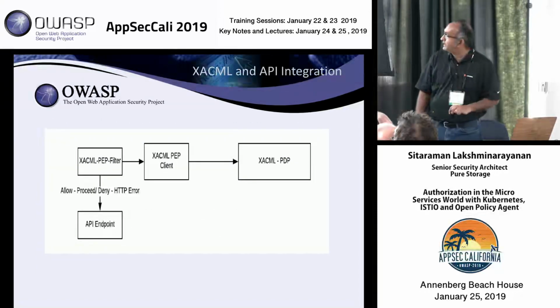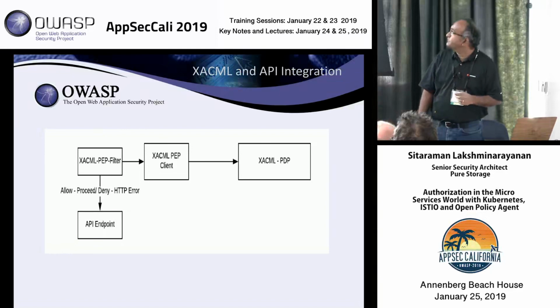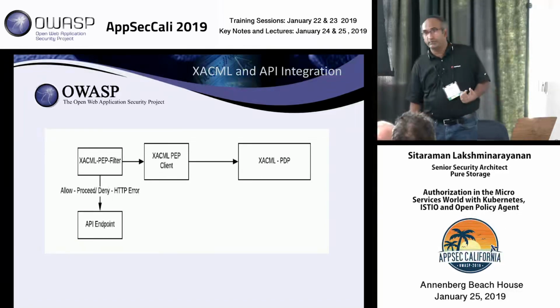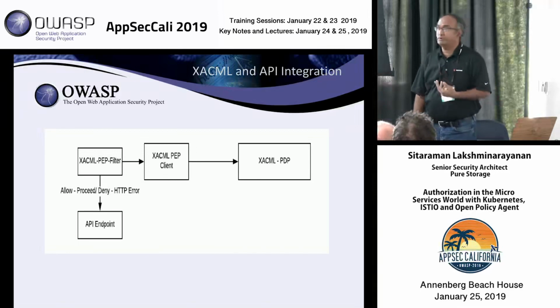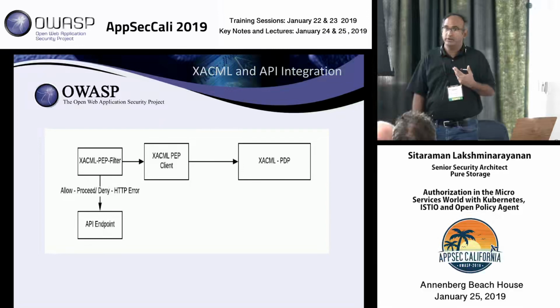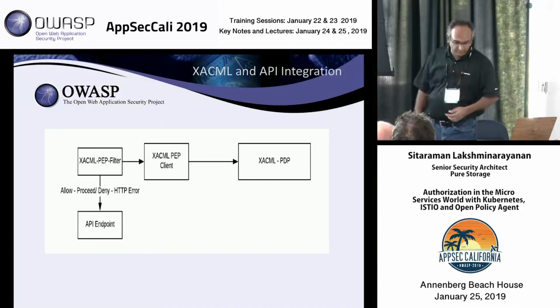So I build an API endpoint and a filter, in this case an XACML-compliant policy enforcement filter, which gathers all the XACML-specific requirements and then invokes the XACML policy decision point to ask whether this user is allowed to access this API under these conditions, whatever we defined as a policy.